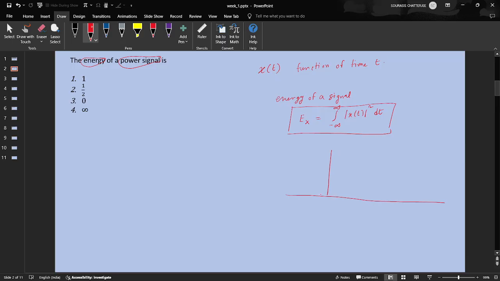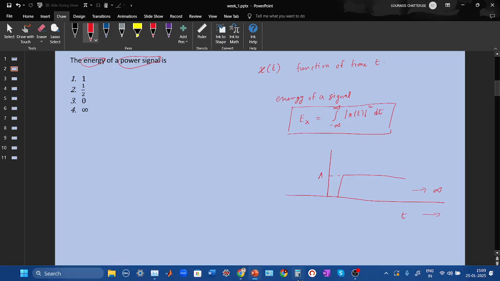Let's say I'm giving you a signal, a visual representation of it. On this axis t, this is our signal which has a constant amplitude, let's call it A, and it goes on up to infinity in time.